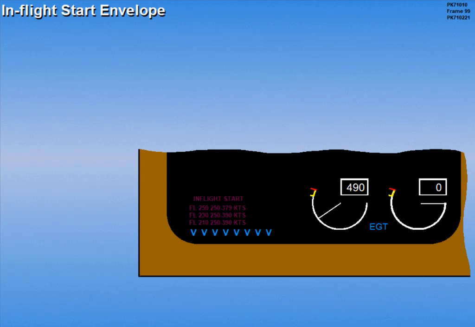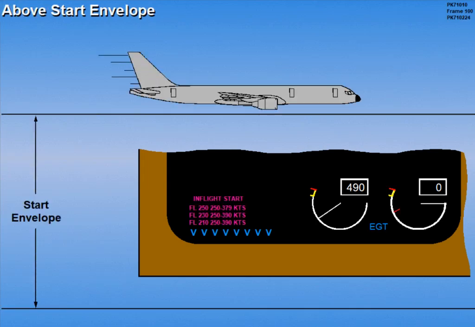The in-flight start envelope displays the present altitude and the recommended airspeed range for starting. Altitude and airspeed ranges at 2,000-foot intervals below present altitude are also displayed. If the aircraft is above the start envelope, ICAS displays the highest altitude for which an in-flight start can be accomplished.